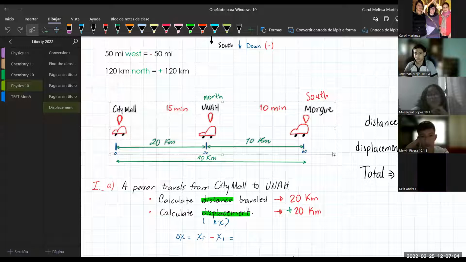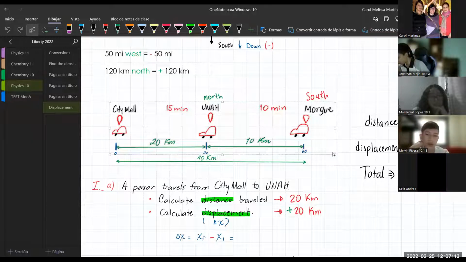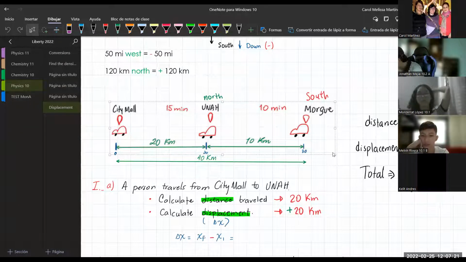To do that, you need to add the distance from City Mall to Una, and also the distance from Una to the morgue.